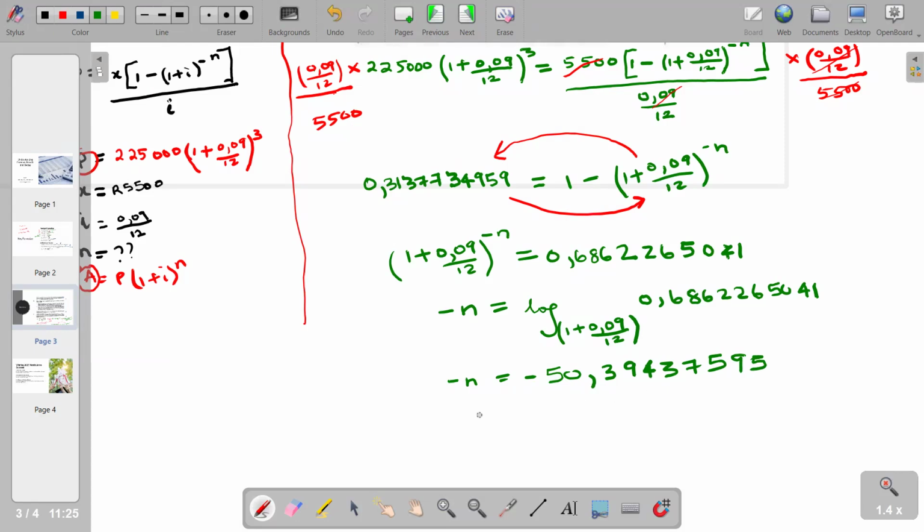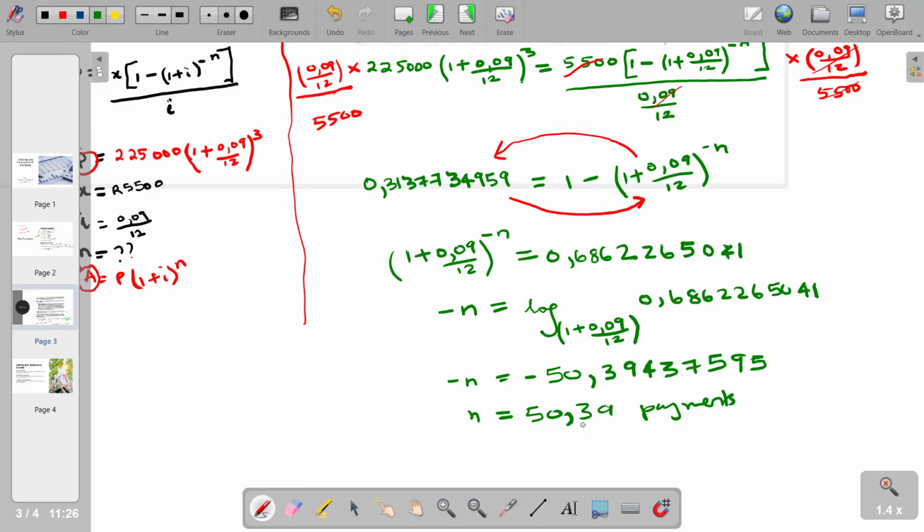That's the value. So dividing both sides by a negative, and let's just round it to 2 decimal places, it means we are going to have our n being equated to 50.39 payments. But if you check payments, we cannot have a fraction of a payment.